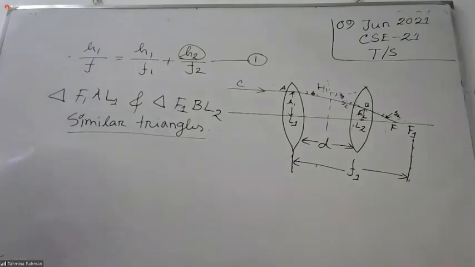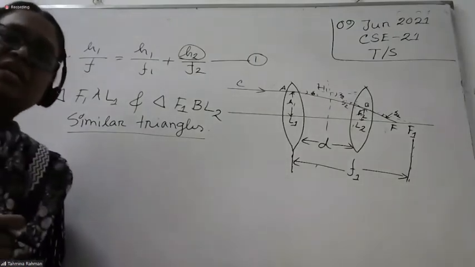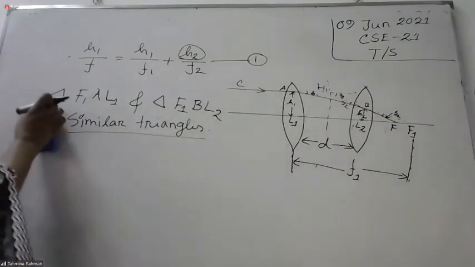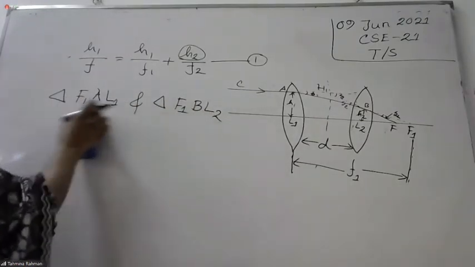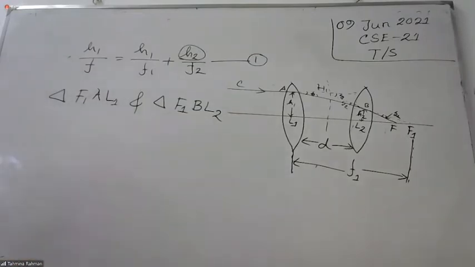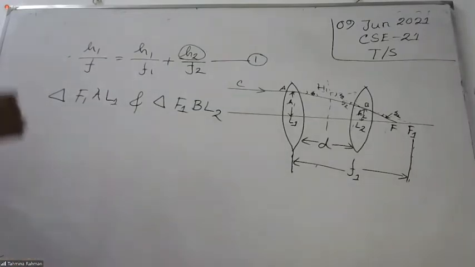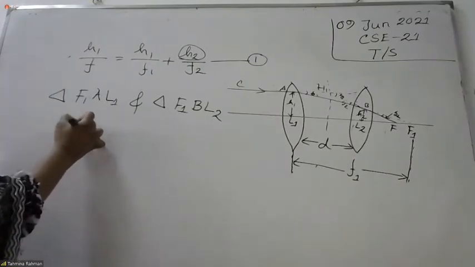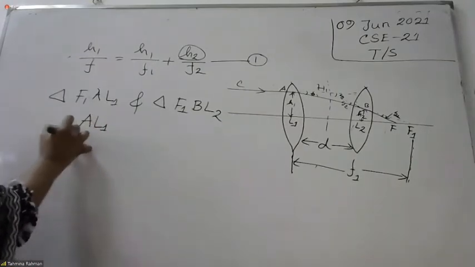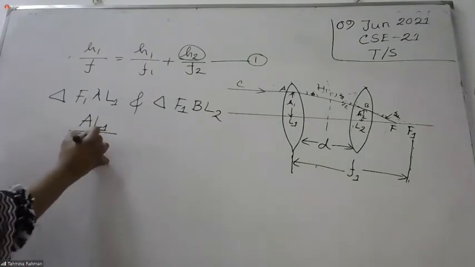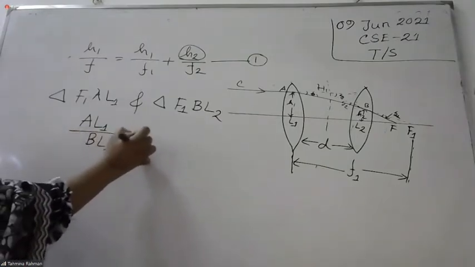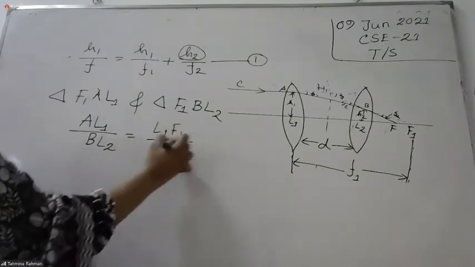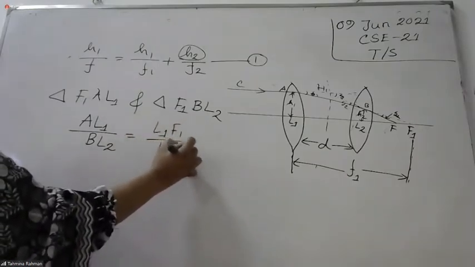Now, what is the characteristic of similar triangles? How can we write the arms? The sides opposite to equal angles are proportional. So the arms ratio is also the same. From here we can write AL1 divided by BL2 equal to L1 F1 divided by L2 F1.